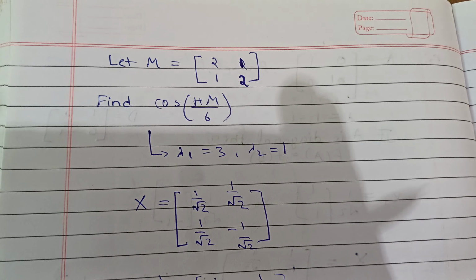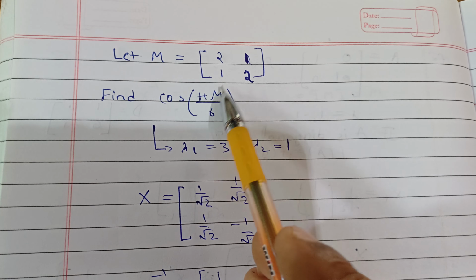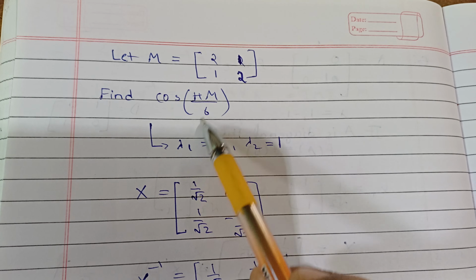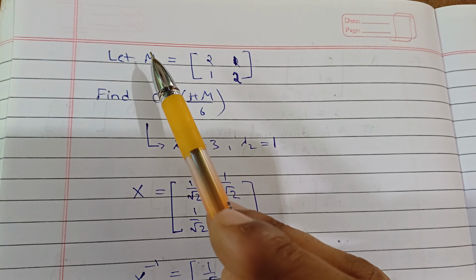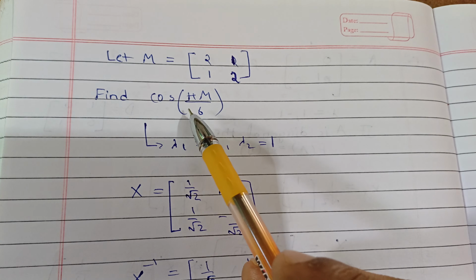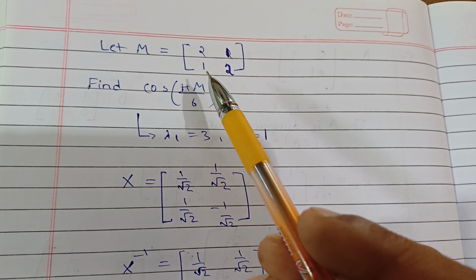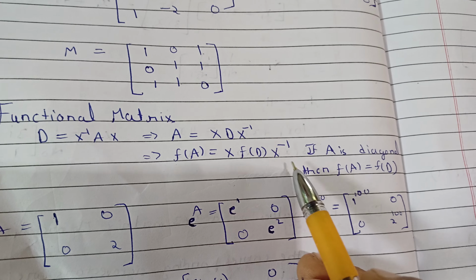You need to try one more question based on this. If M is given as the matrix 2 1 1 2, we need to find cos(πM/6). So this is a functional matrix, meaning we need to find this function, which depends on this matrix. So it is f(A), meaning f(M). For that, f(M) equals X f(D) X inverse.